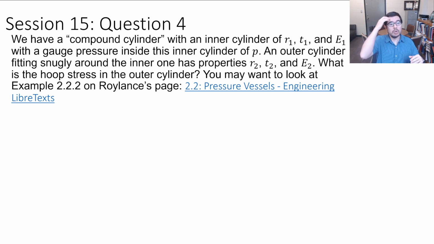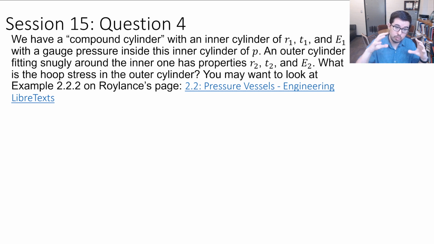The question is, what is the hoop stress in the outer cylinder? This is an interesting problem. We talked about how, with the ring around the flexible bladder, we treated just what would happen with one ring. But now we have a ring inside of a ring, so there needs to be some accounting of geometric compatibility.